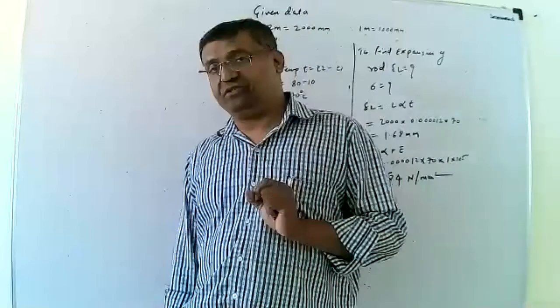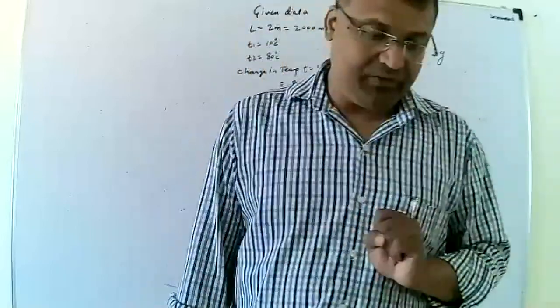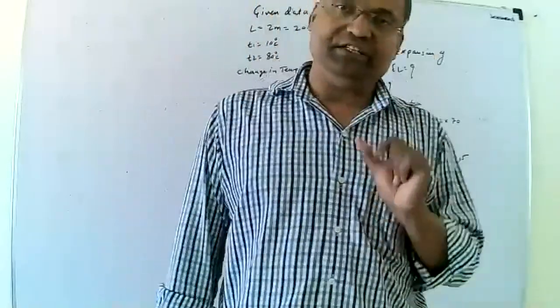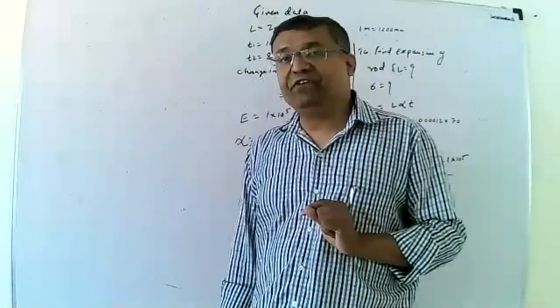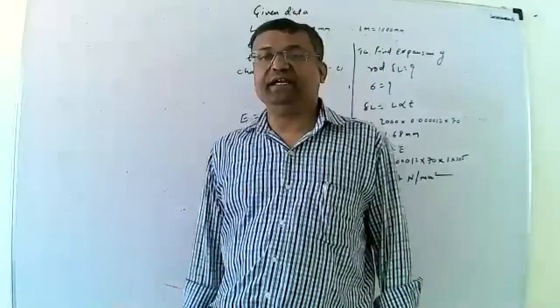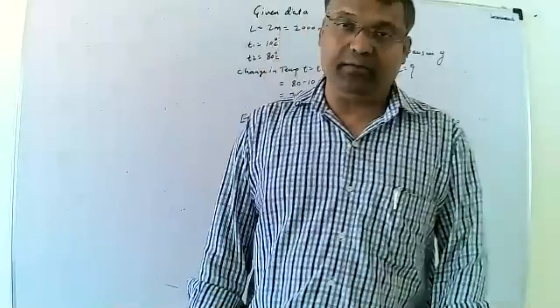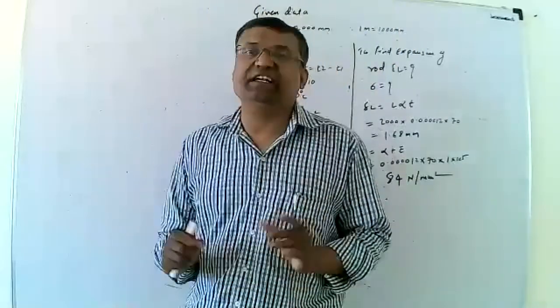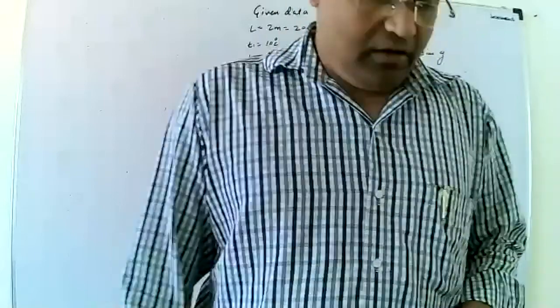Second, the initial temperature, represented by T1, is 15 degrees Celsius. The final temperature, T2, is 65 degrees Celsius. For the change in temperature, we take the difference between the final temperature and the initial temperature. We find out the change in temperature, that is t.